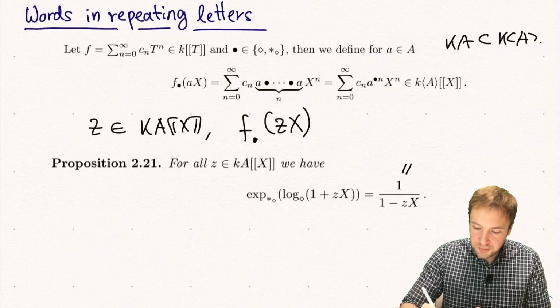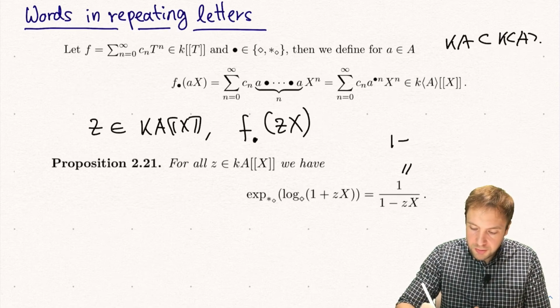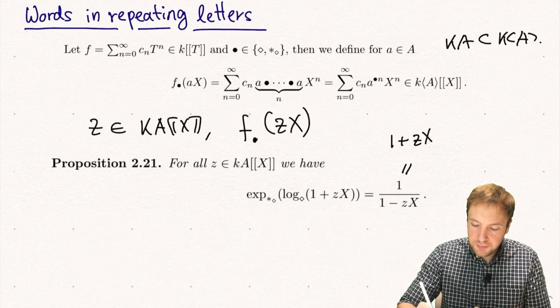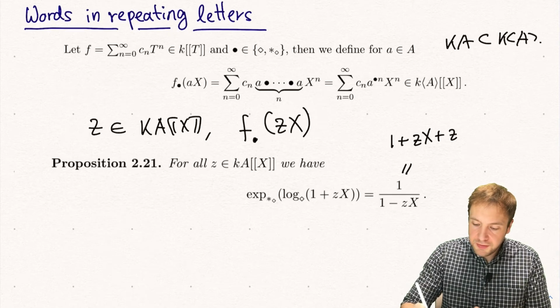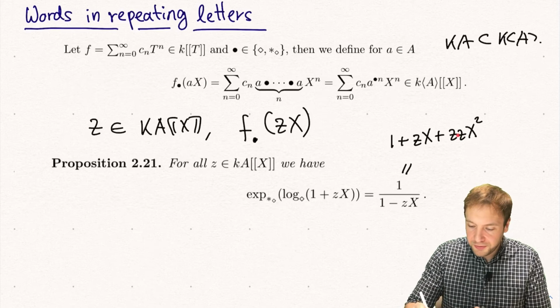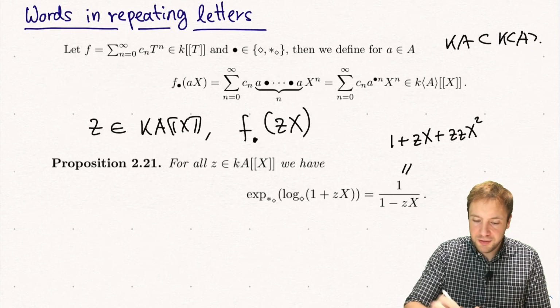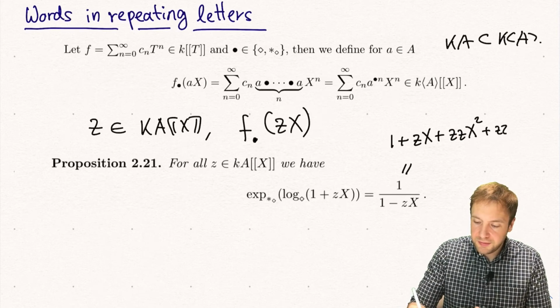So this is just 1 plus z x plus z x squared, where this is the product in this polynomial ring, plus z x cubed and so on.